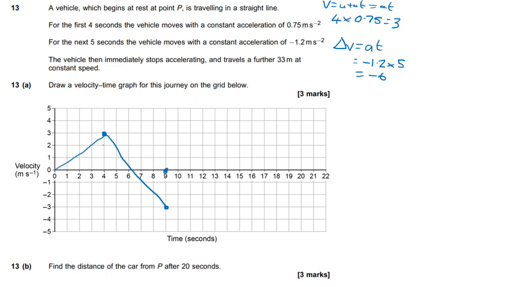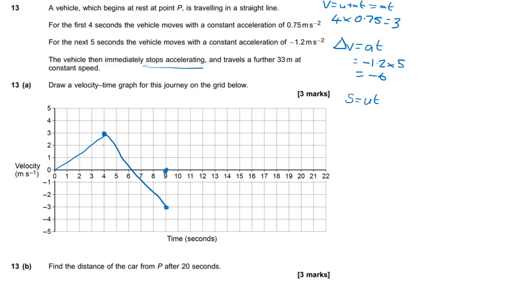And then after that, the vehicle stops accelerating and travels a further 33 meters at constant speed. So how long does that take then? Okay, so s equals ut. We don't have a half at squared because a is 0, it's stopped accelerating, so it's just that. So distance is just speed times time.